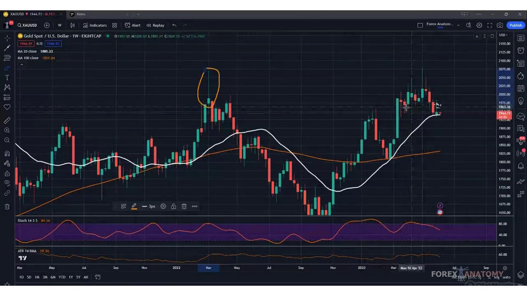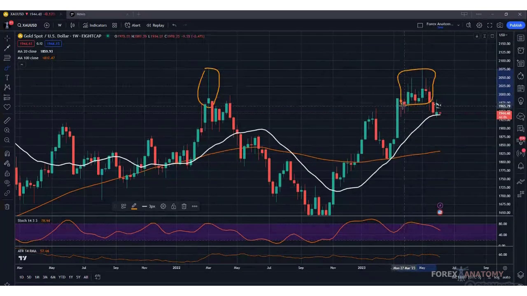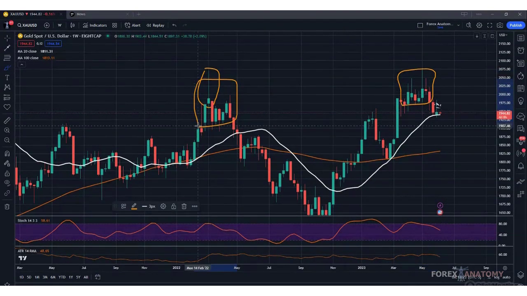What we can see here is that price was in the middle of a consolidation phase. You see sideways price action, so it was topping or consolidating on a smaller time frame, and that's what we typically want to see. If you look at all the times we entered this area, there was some type of sideways price action for a period of time. For a number of weeks price was moving sideways on the weekly chart before we saw the collapse.